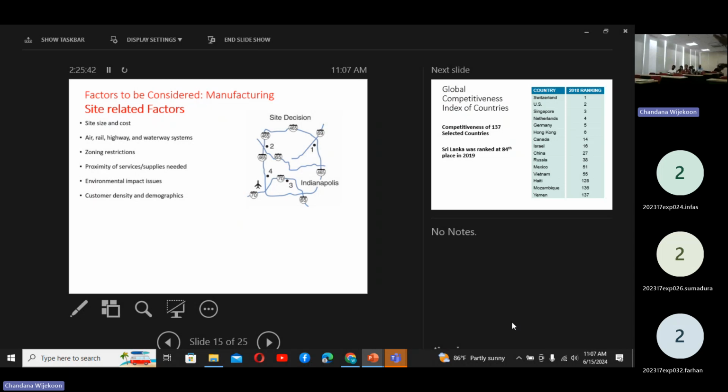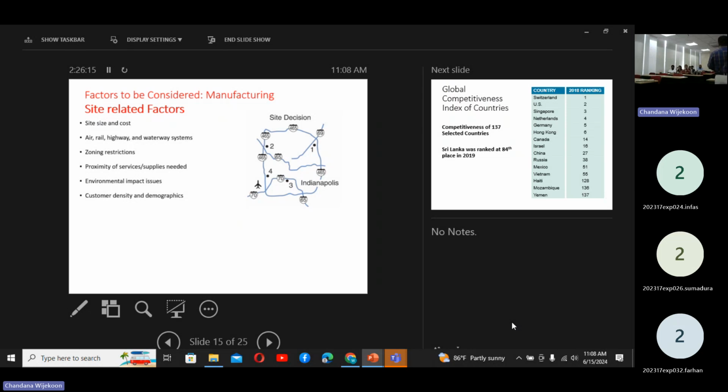So they could be factors like size of the site and the cost, which may vary from place to place. Place 1, 2, 3, and 4. Right. Whether transportation systems are available, infrastructure, and zoning restrictions applicable. Sometimes, as you may be aware now, for industrial operations there are dedicated areas.